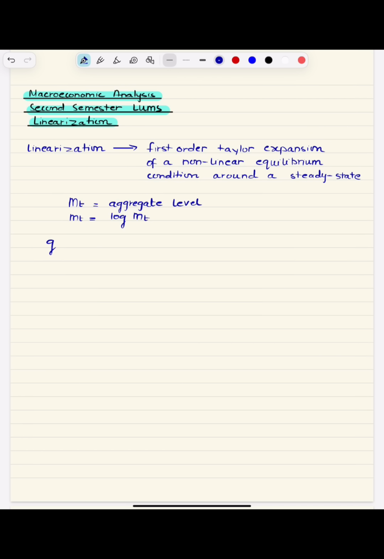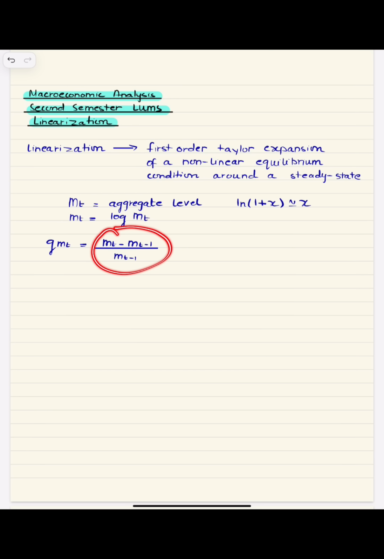So for example, the growth rate of money supply is the change in money supply. And since this is a small number, remember the linear approximation of ln(1 + x), when x is a very small number, is approximately equal to x. Since this is like 0.15 or whatever, a percent, it's a small number, so I can write it as ln(1 + a ratio).